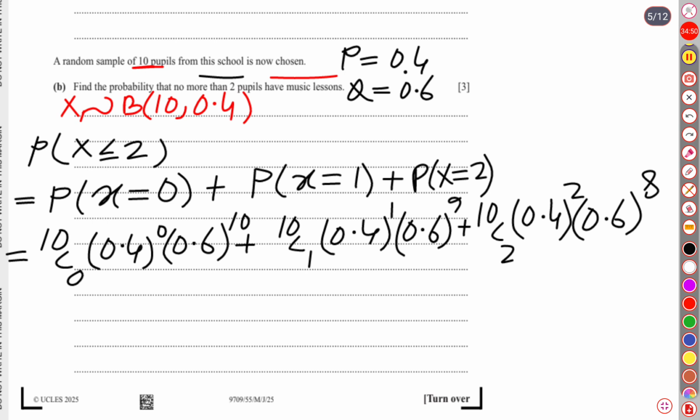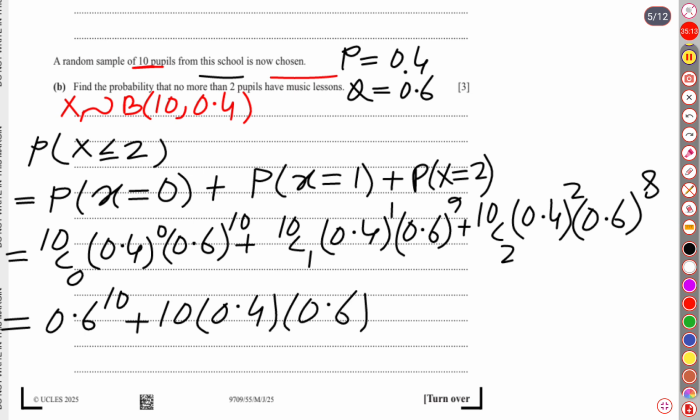Well, now if we calculate this, from 10 people, if we choose no one, there is only one way to choose this, and 0.4 raised to 0 is 1, so it is actually 0.6 raised to 10. And from 10 people, if you choose one by one, then there are 10 ways to choose them: 10 into 0.4 into 0.6 raised to 9.